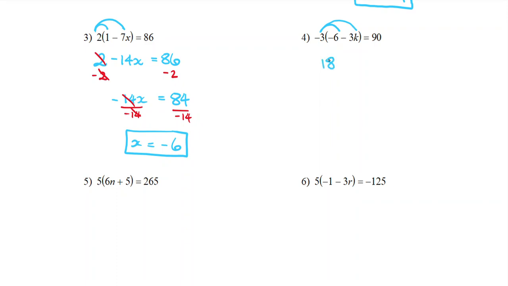Yeah, so 18, and then that's a positive 9k, and that's equal to 90. Good, next step. Over 18? Minus, good.